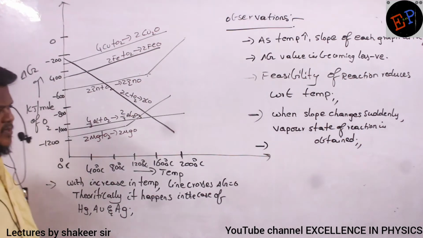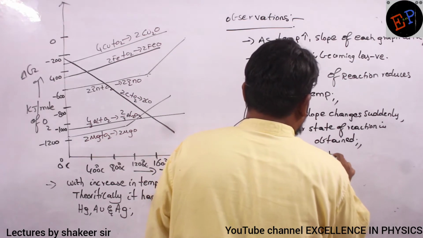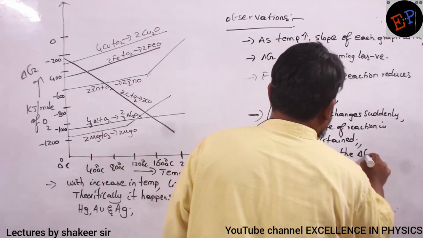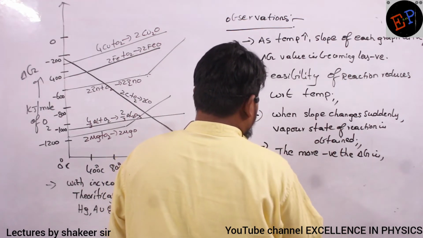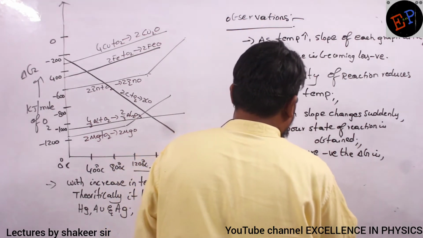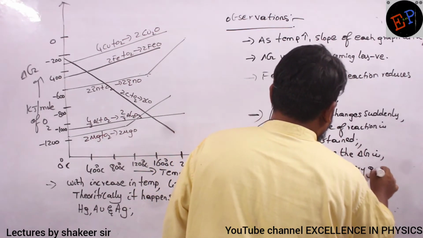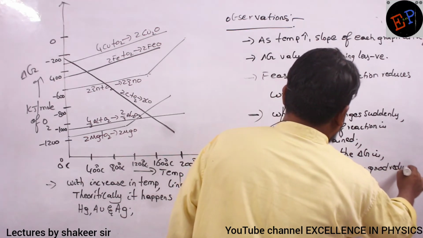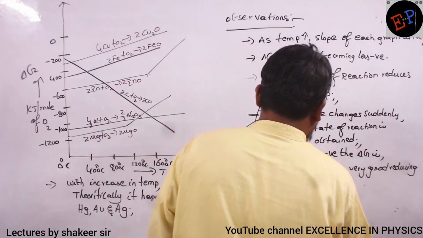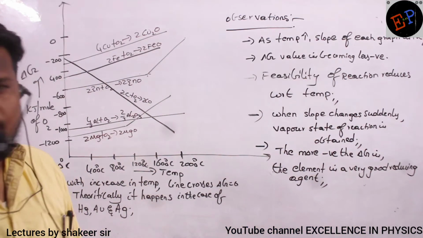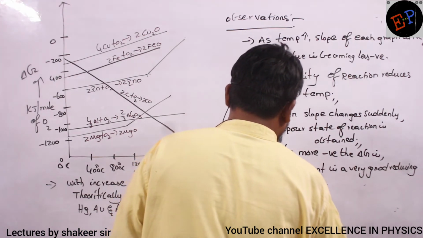So therefore, the more negative the delta G is, the better the element is as a reducing agent. Here, who is a very good reducing agent? According to this diagram, magnesium is a very good reducing agent.